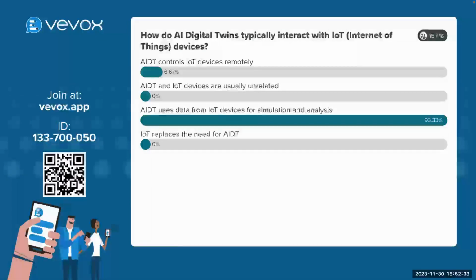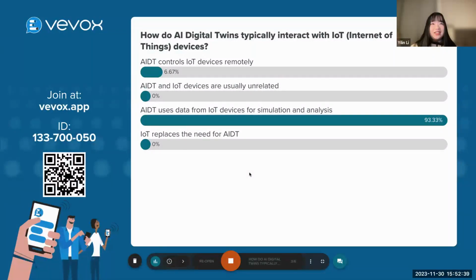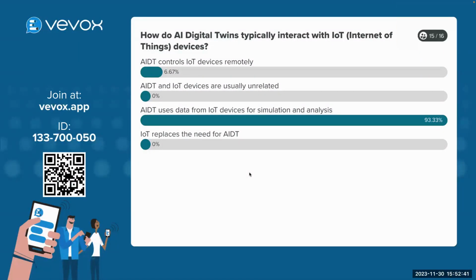I hope it is a multiple choice question, Yilin, isn't it? Yes, multiple options. So the people who selected the first option made a very interesting and smart choice, to control IoT devices. Yes, it is possible. Very beautiful.